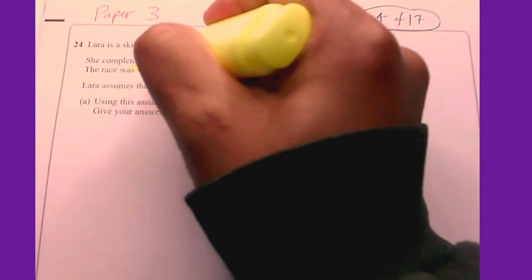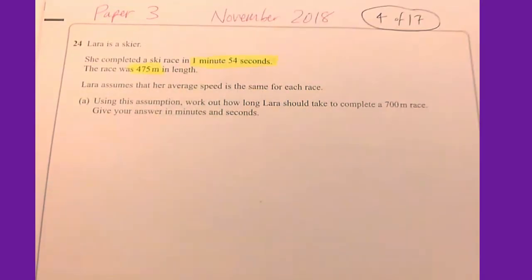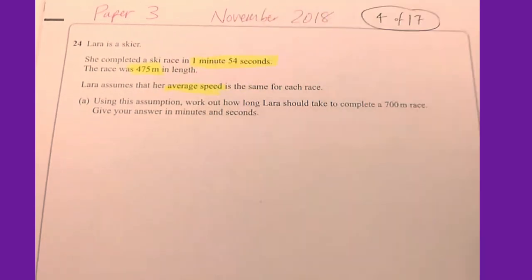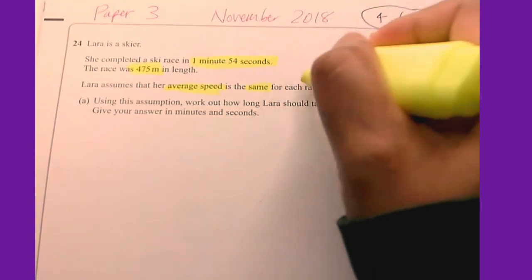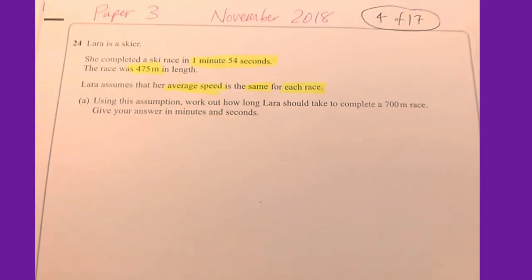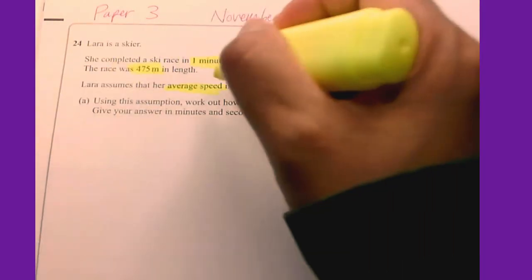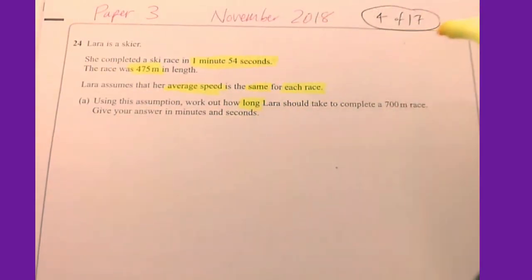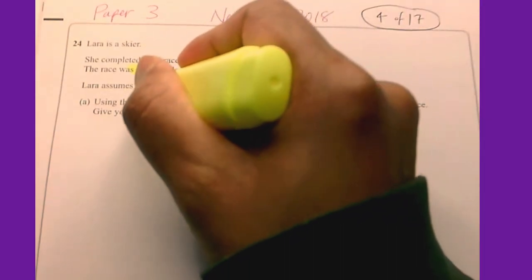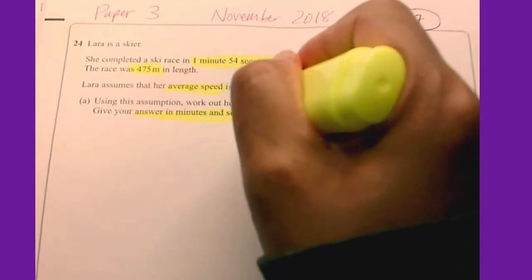And the race was 475 meters in length. Lara assumes that her average speed is the same for each race. So I think that's important to highlight. Using this assumption, work out how long Lara should take to complete a 700-meter race. Give your answer in minutes and seconds.